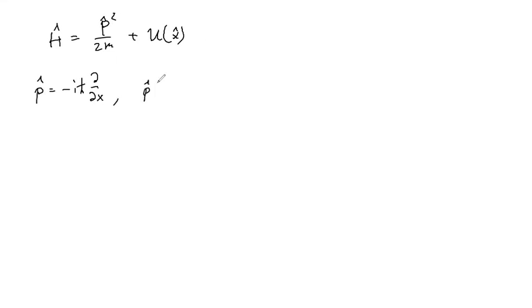So momentum squared would be minus h bar squared times the second derivative over x squared. This is going to be an operator. Basically, it's a second order derivative over x, standard for the Schrödinger equation.